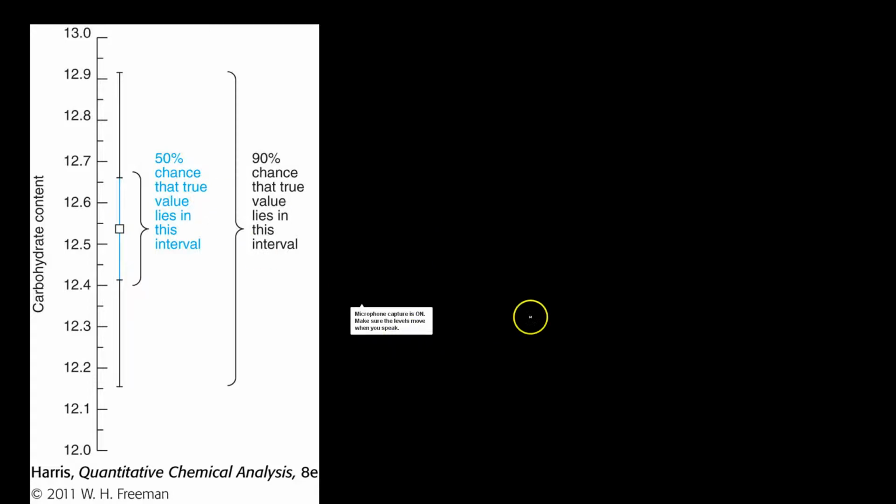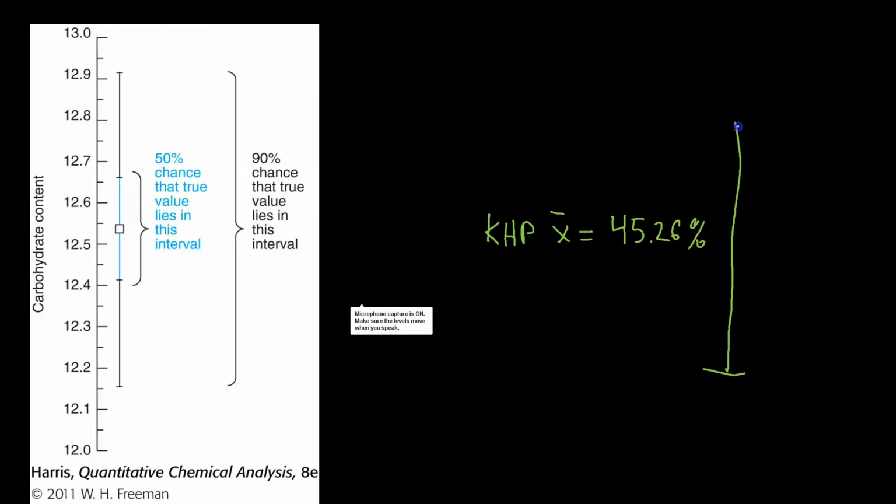So in the case of KHP, we'd have our KHP mean, which we said equals 45.26%, and around that what we're trying to find out is what the 50% confidence interval is.